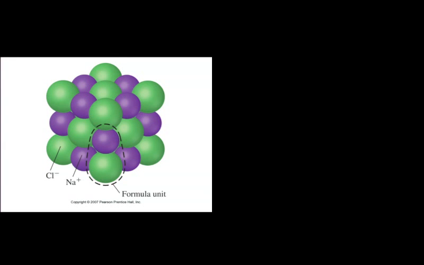So metals form cations. Okay, has everybody got that? Metals form cations. Are cations positive or negative? Positive. Very good. Metals form cations, and anions tend to be the what? Non-metals, right?